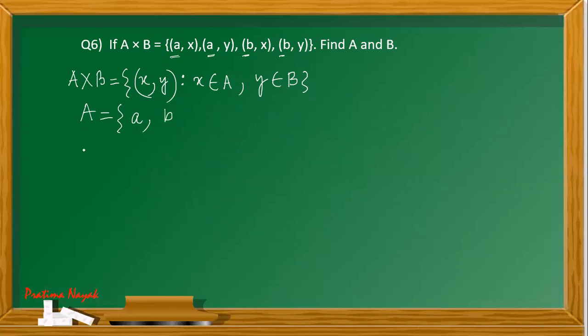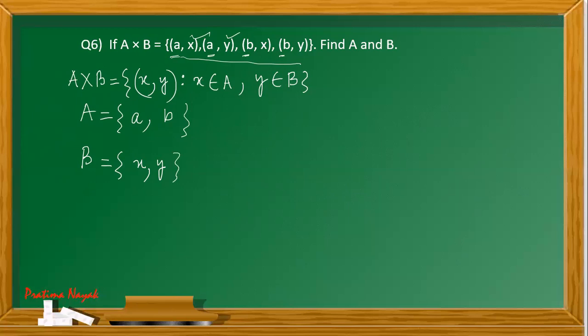Now coming to the second element, it is from set B. The second elements are x and y. Is there any other element? No other element. So A is the set of A and B, and B is the set of x and y.